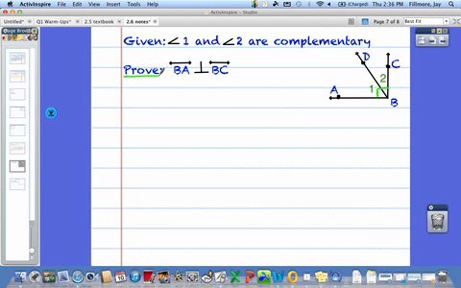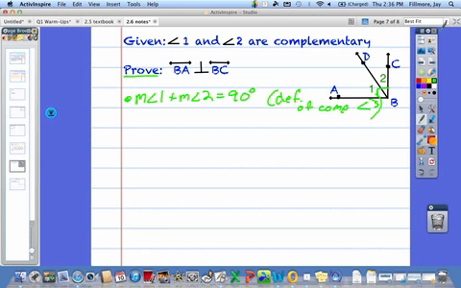That's the whole point of this. So 1 and 2 are complementary, which means that if I add the measures of 1 and 2 together, it should equal 90 degrees. This is the definition of complementary angles, which says that complementary angles add to 90. I also know that a 90-degree angle is a right angle. So if I add these together, it should equal a right angle. That's the definition of a right angle.